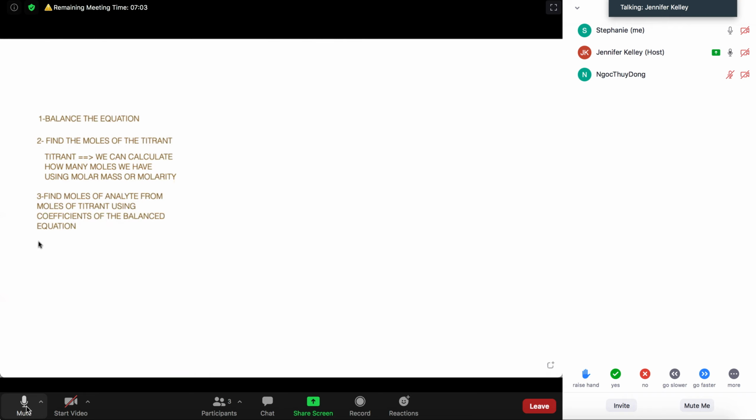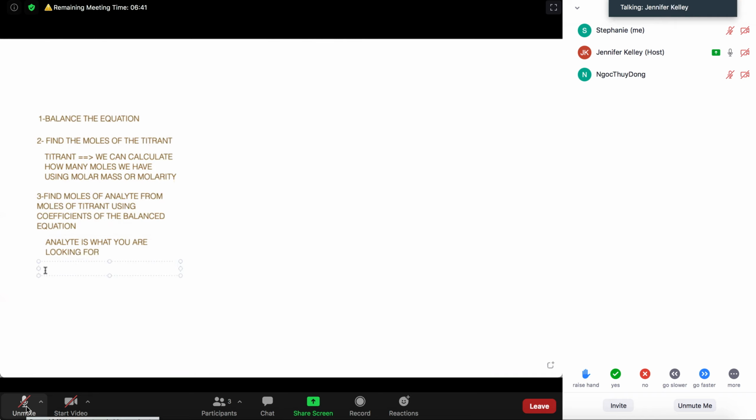And the analyte is what you're looking for. So you don't know how many moles of that. Or maybe you know how many moles, but you don't know how many liters. You know, that kind of thing.